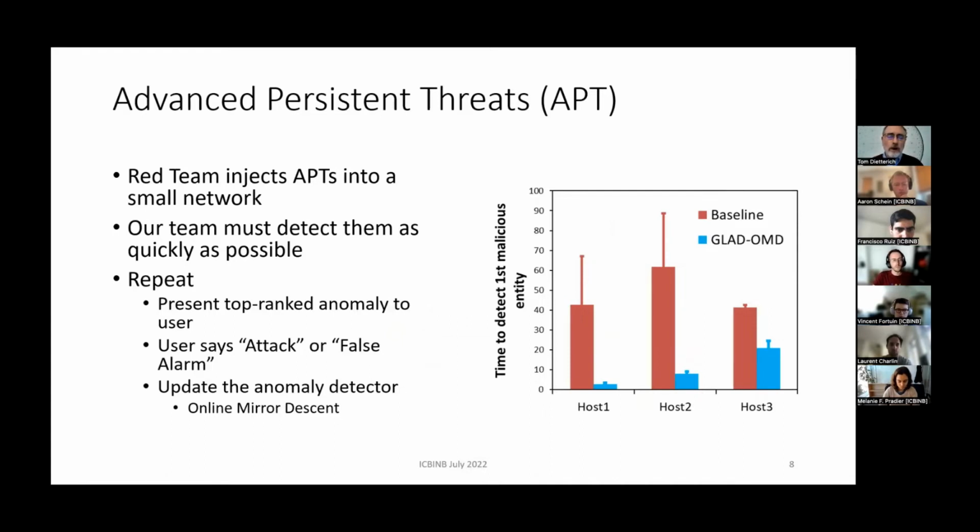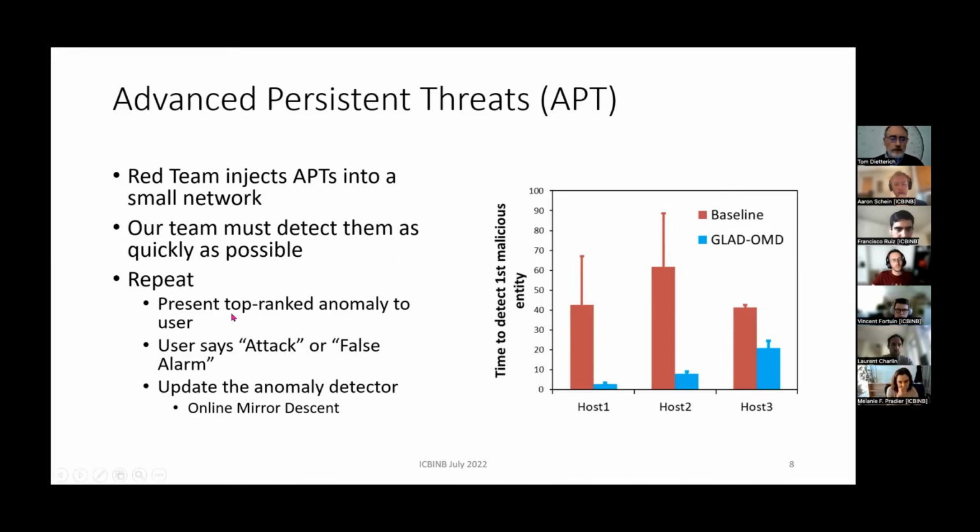So in security applications, typically you get an alarm, you show it to an analyst, and they can give you feedback: no, this is a false alarm, or, oh yes, this looks interesting, I'm going to open a trouble ticket on this and we're going to investigate this one. So we would use that feedback.